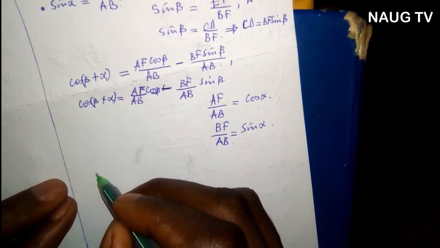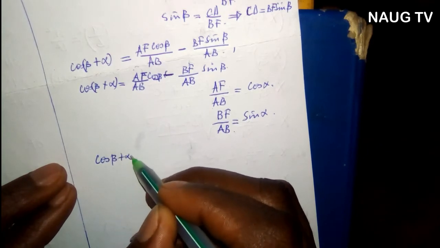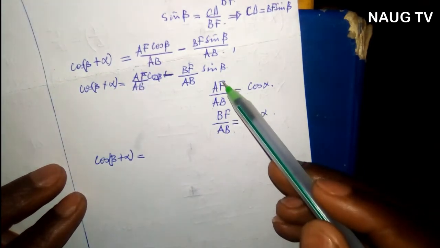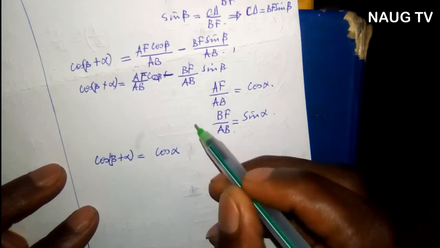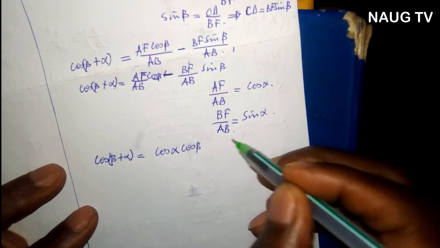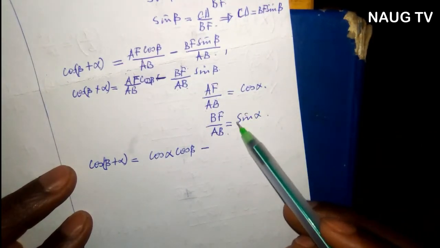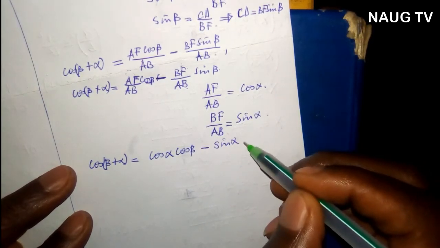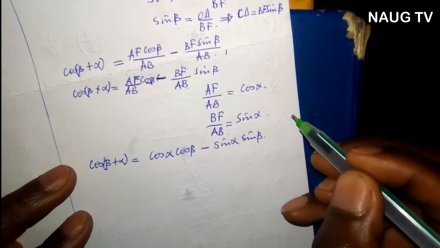So we would get cosine beta plus alpha, which is equal to AF over AB, which is cosine alpha, times cosine beta, negative BF over AB, which is sine alpha, times sine beta.